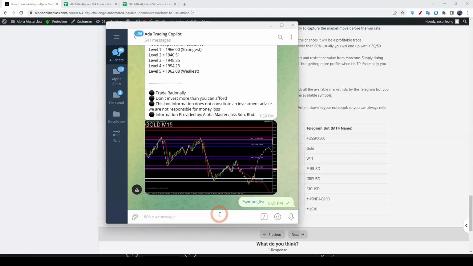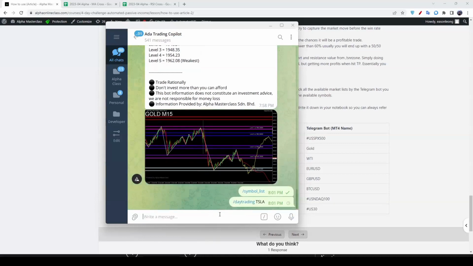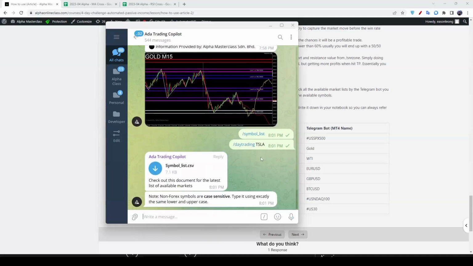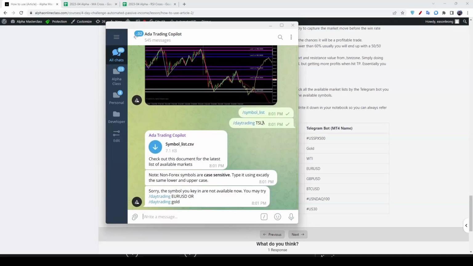Can. So for example, if you go for another market, let's say day trading, any other market that you guys would like me to analyze. Come on, type in one more. Tesla. Well, supposed to complete this thing first, then Tesla will come out.